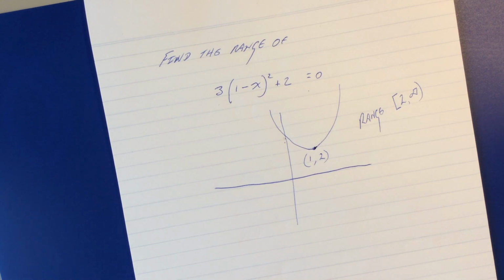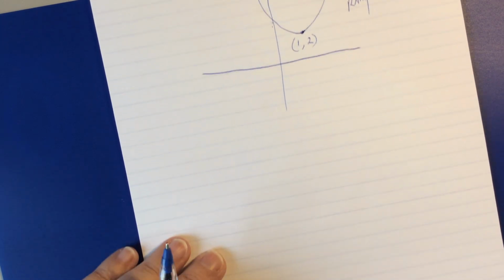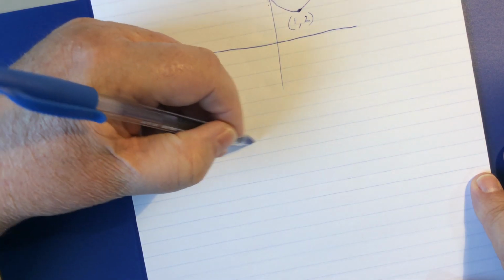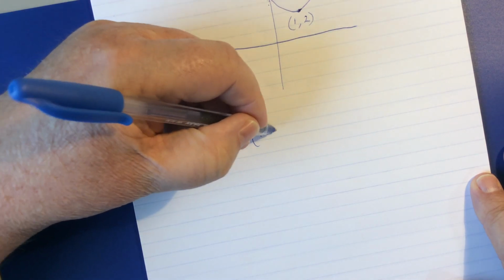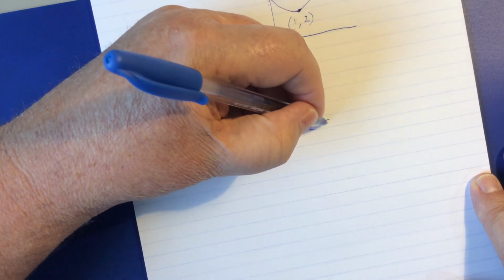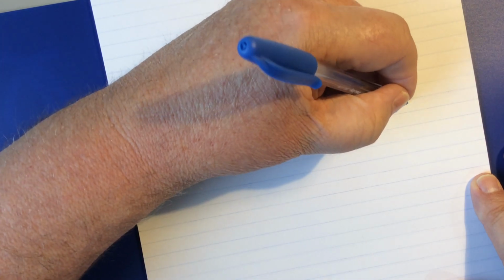Right. Now what would happen if we played around with a restriction on the domain? So let's assume the same function, y equals 3 into (1 minus x) squared plus 2, and we'll put a restriction on x.